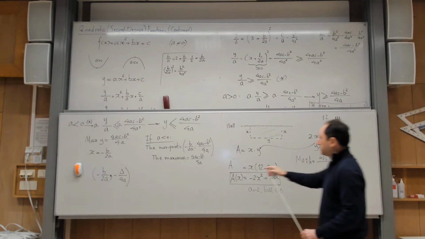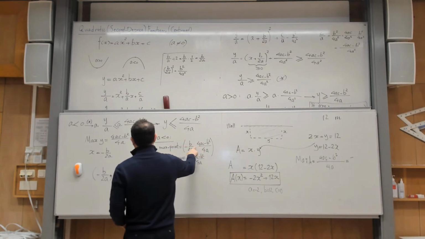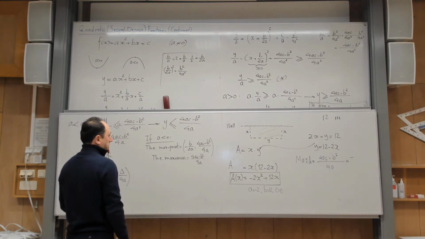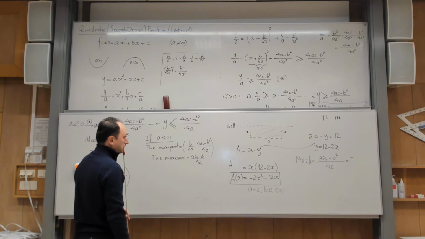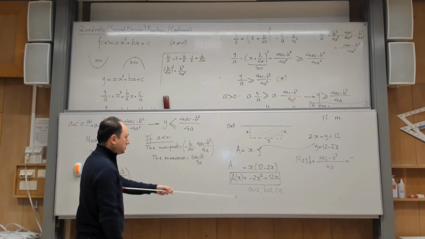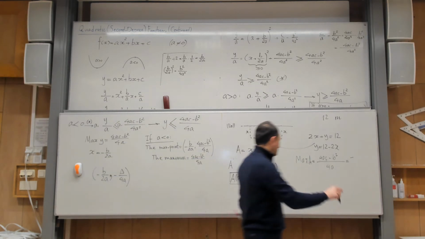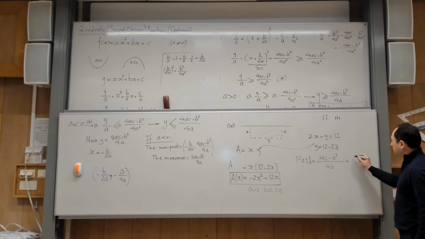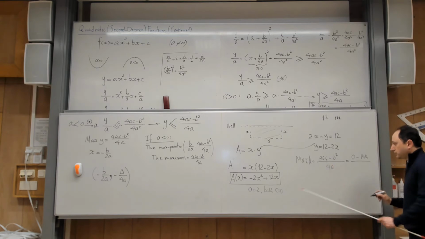Oh, sorry, I made a mistake here. No, that becomes positive, because a is negative, so it does become positive. Right? Ah, c is 0, unfortunately. Thank you very much. So c is 0. Let me write everything. 0 minus b squared, which is 144, divided by 4 times a.